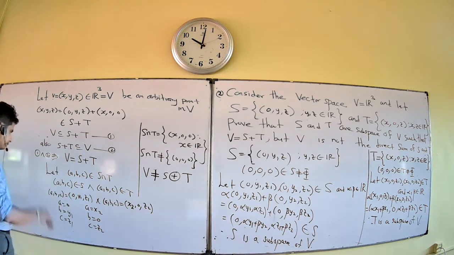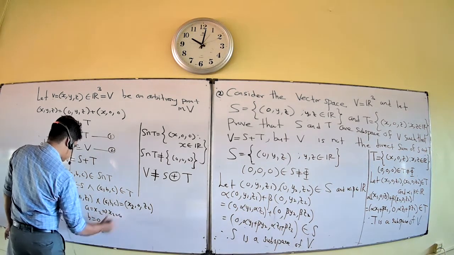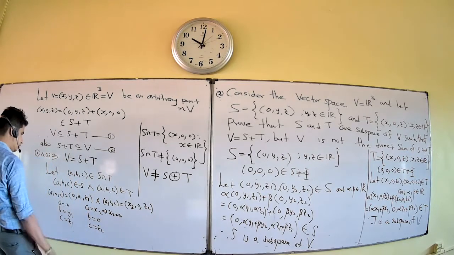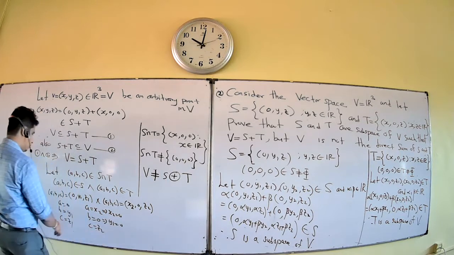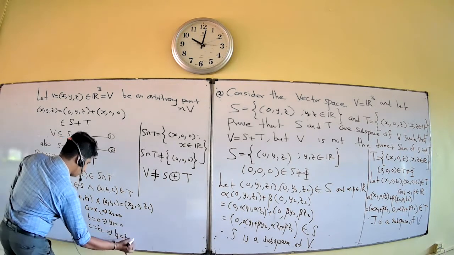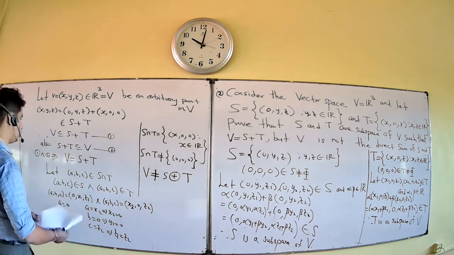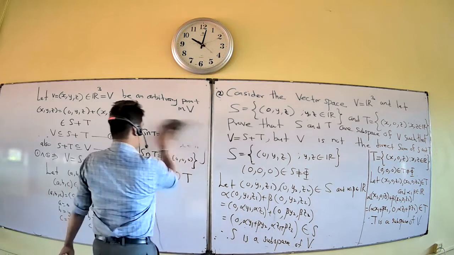Here a is 0, therefore x2 is 0. Here b is y1, and b is 0, so y1 is also 0. But c equals z1 and z2, therefore this implies z1 equals z2. Therefore your coordinates are of the form (0, 0, z).